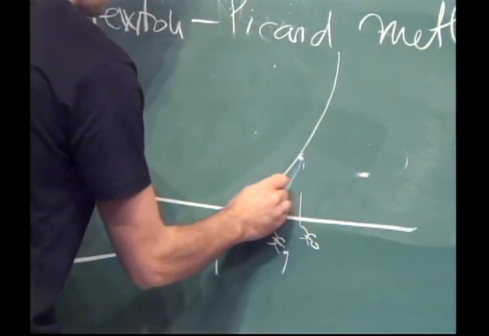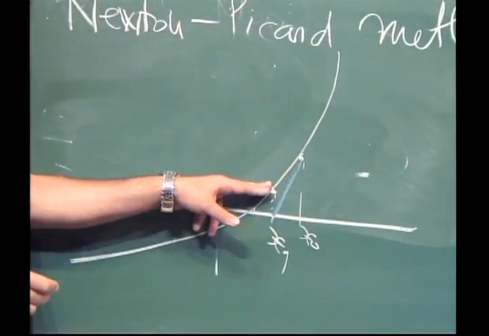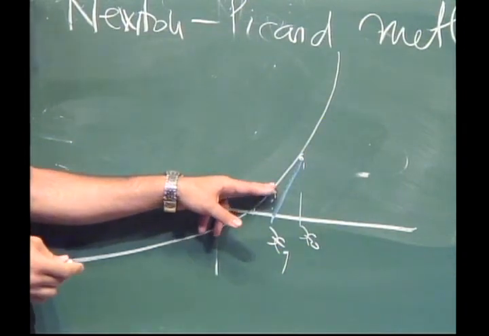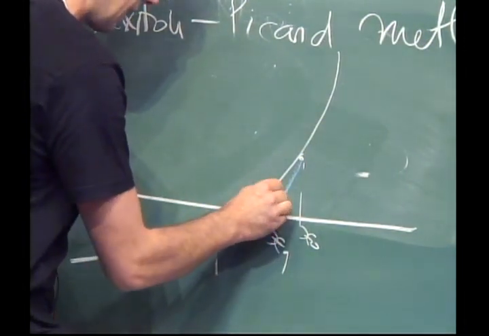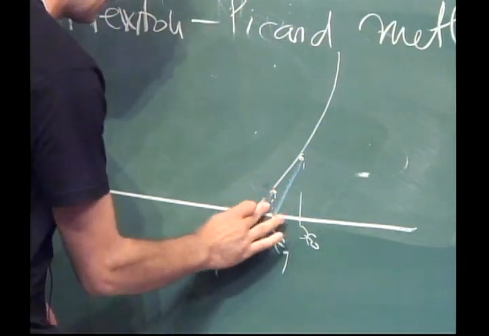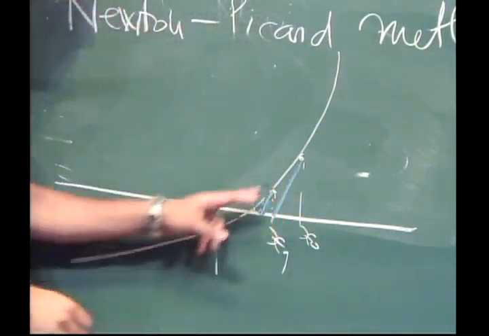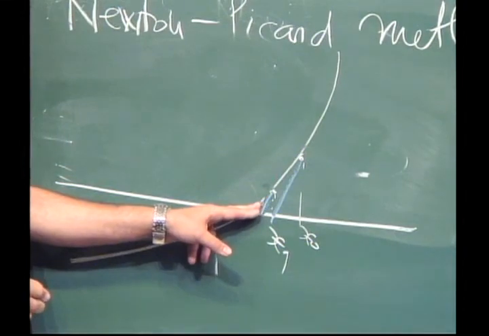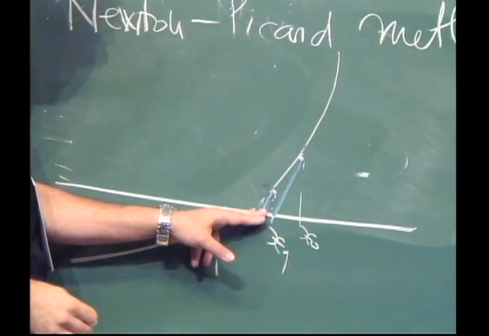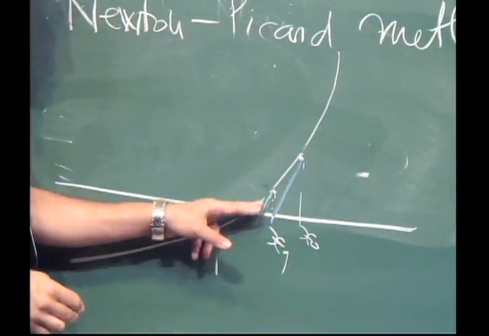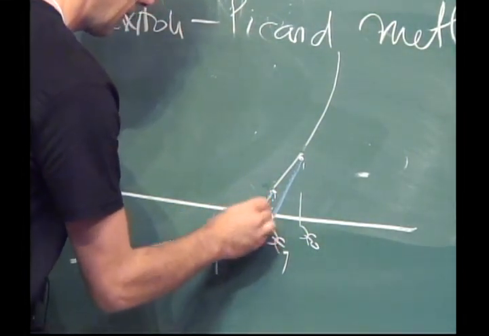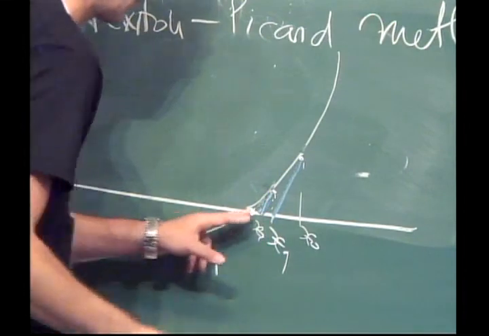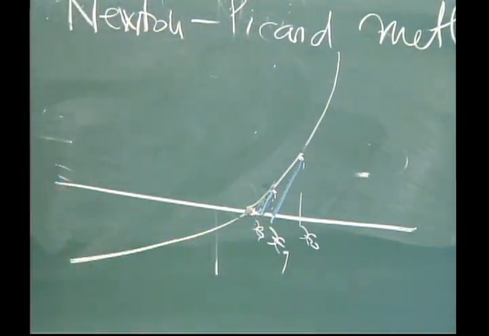And then normally in the Newton method, you take the tangent there. But what one does here is take a line with the same slope, a parallel line. And then you find x1, x2, and so on, and then you approach this solution.